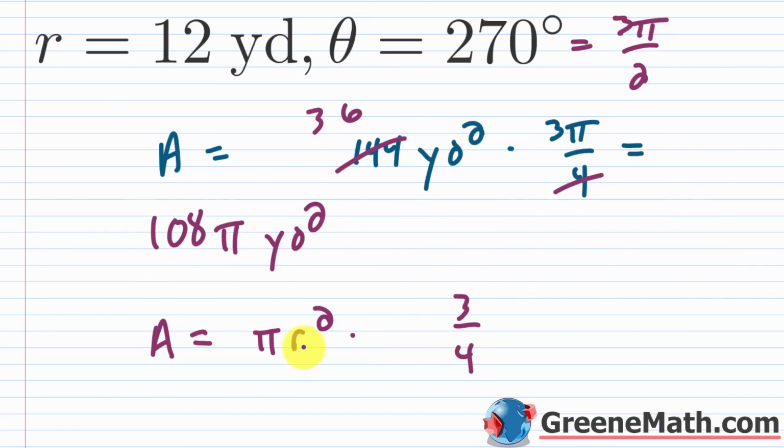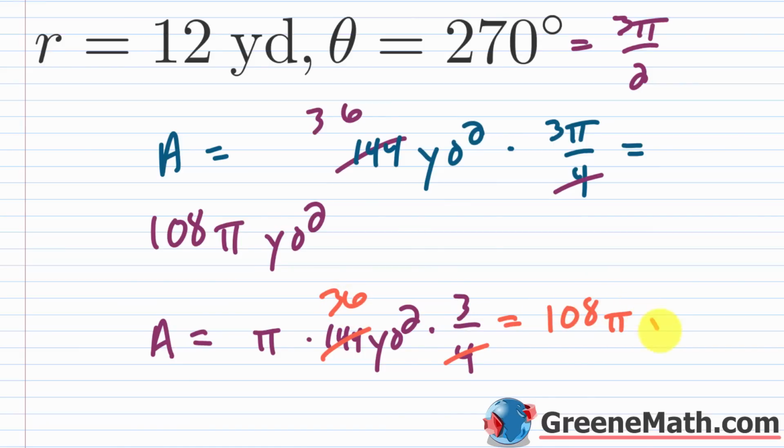Let me move it down a little bit. We know this radius squared here is 144 square yards. And so if you go through and say, again, 144 divided by 4 is 36. Let me go through and cancel this. It's the exact same thing that we just did. So you're going to end up with 36 times 3, which is 108. So this is 108 pi and then yards squared. So either way you want to do it.